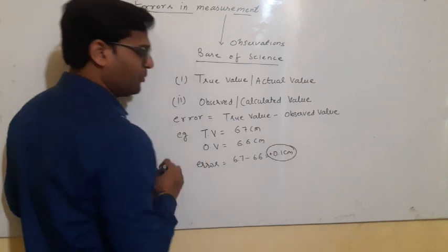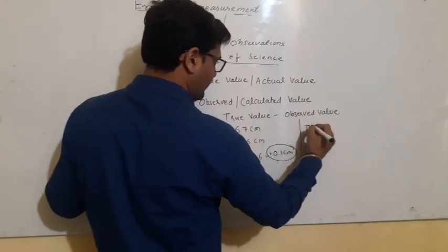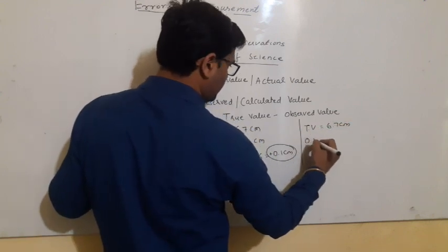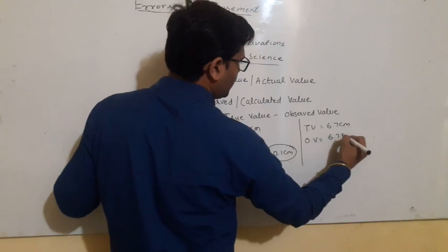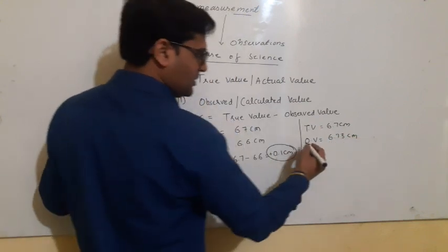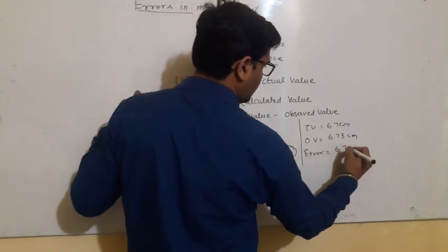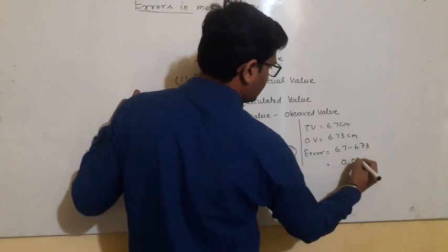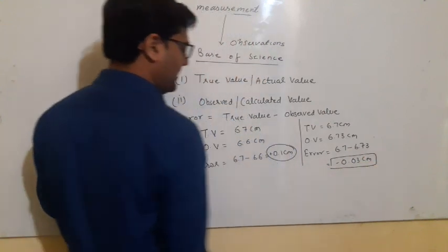That is positive error. In another example, if true value is 6.7 centimeter and observed value is found to be 6.73 centimeter, now error will be 6.7 minus 6.73, so it gives us negative 0.03. So this is our negative error.